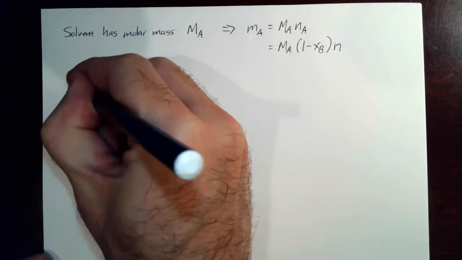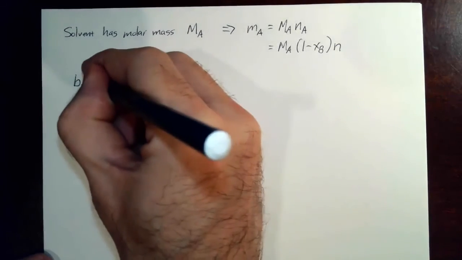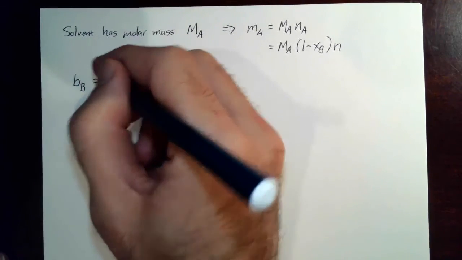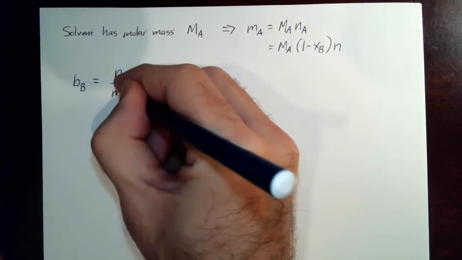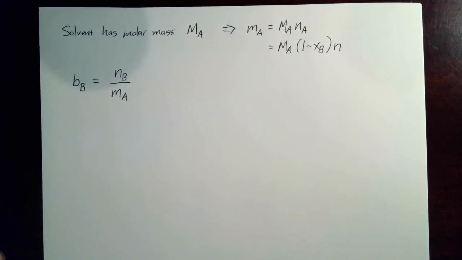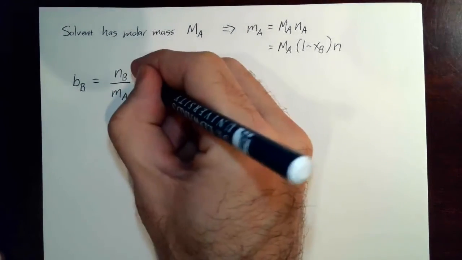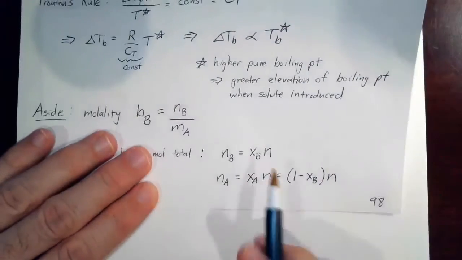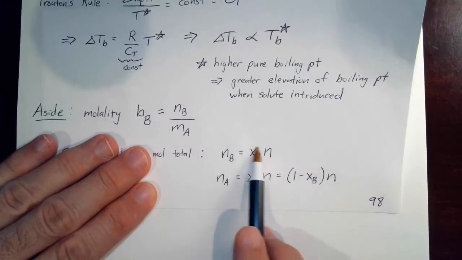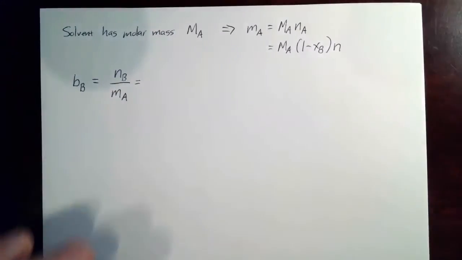So now we can write that the molality, which again is NB over little ma, number of moles of B over mass A. Number of moles of B, I'm going to use this formula because that puts the mole fraction in here.